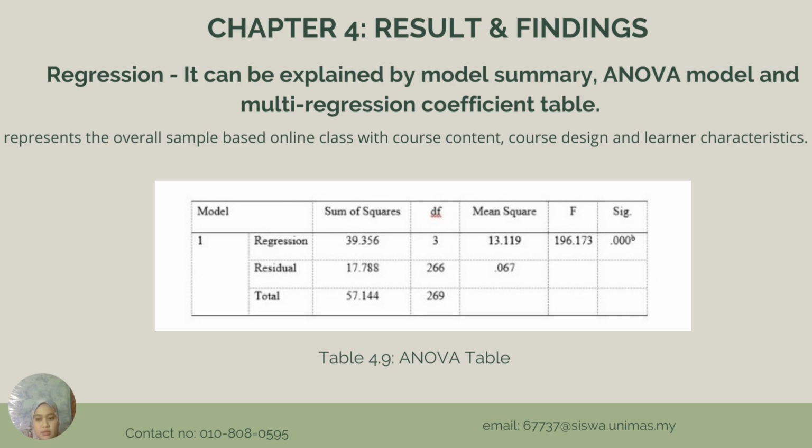Therefore, the research model has proved that the course content, course design, and learner characteristic are significantly affecting the online class. The variable significant value can be continued testing under the coefficient table.